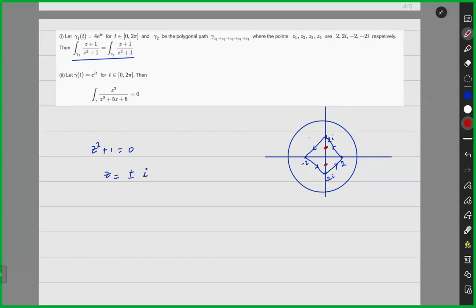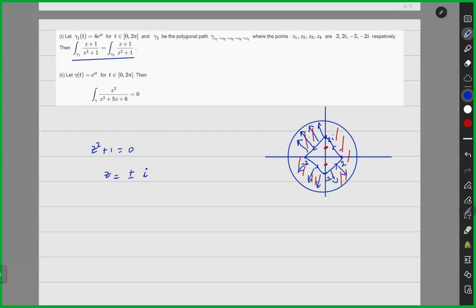one thing is clear, that from one curve to the other curve we have a linear homotopy, right? Linear homotopy means there is no problem in this area. We can move from one curve to the other curve smoothly.